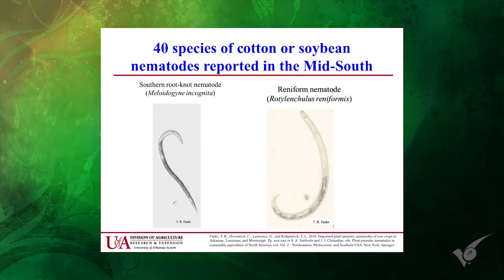The southern root knot nematode is one we spend a lot of time on because of how yield limiting it can be. And more recently the reniform nematode, since the 40s it was identified in Louisiana, and we spent a lot of time on it. Those will be the 2 primary ones I'll talk about today.